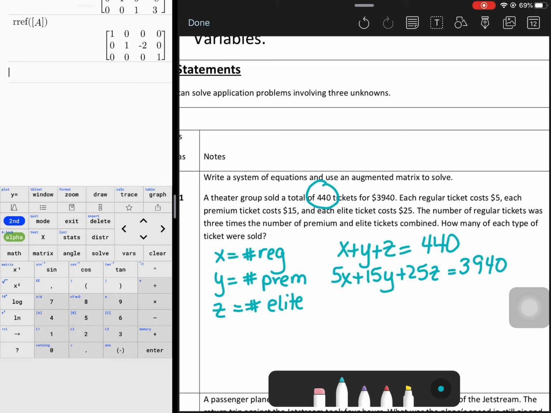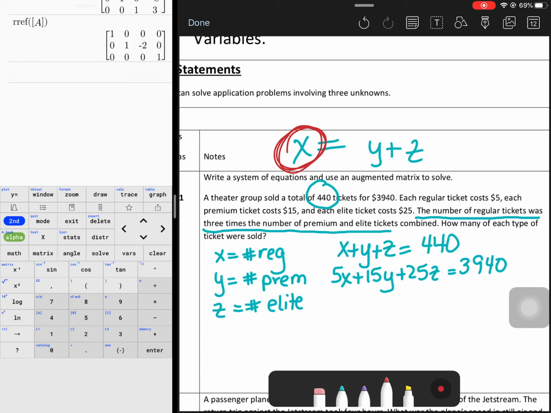So again, first equation is how many, second equation, what are they worth? Then the third equation is given to us by a statement that says the number of regular tickets, so that's our X, is 3 times the number of premium and elite combined. Right now, this is 3 times bigger.